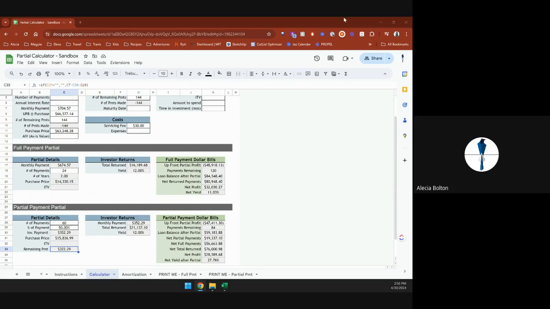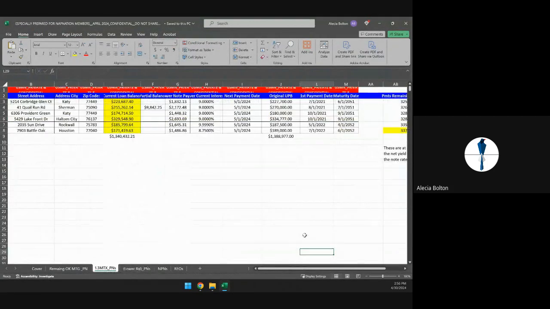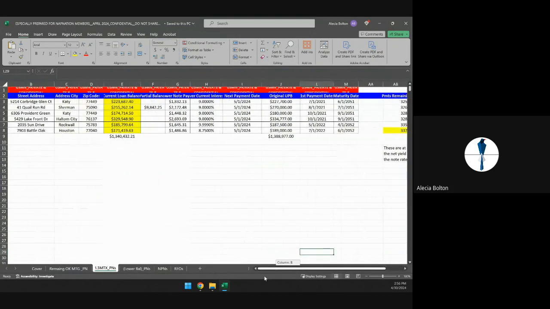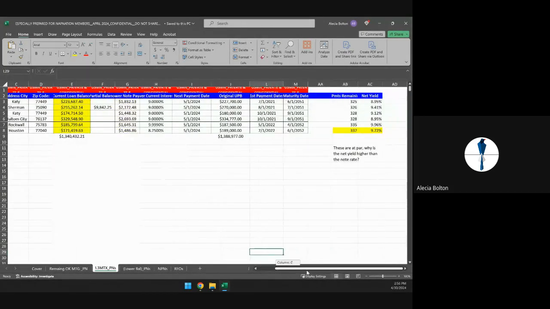So that's that note. The other note that I found interesting was on the Texas tab, and it was the bottom note in Houston. These ones are offered at par. So in theory, when you're figuring out what your yield is going to be, it should pretty much match the note yield.